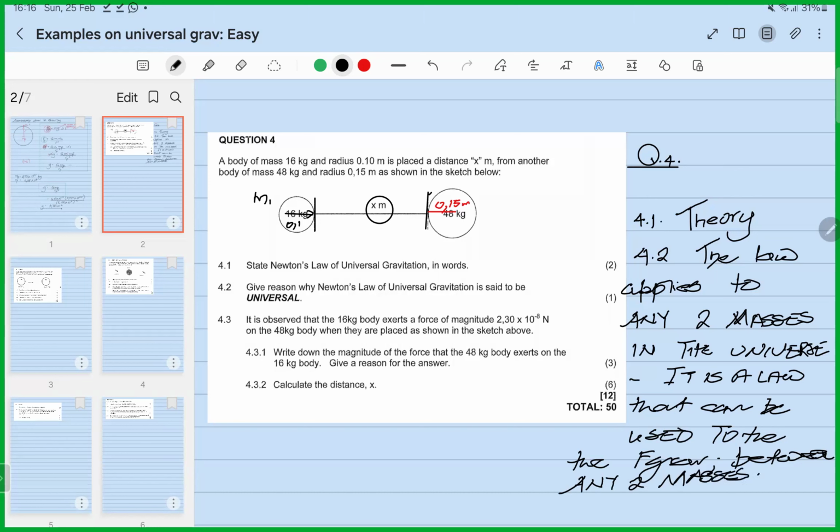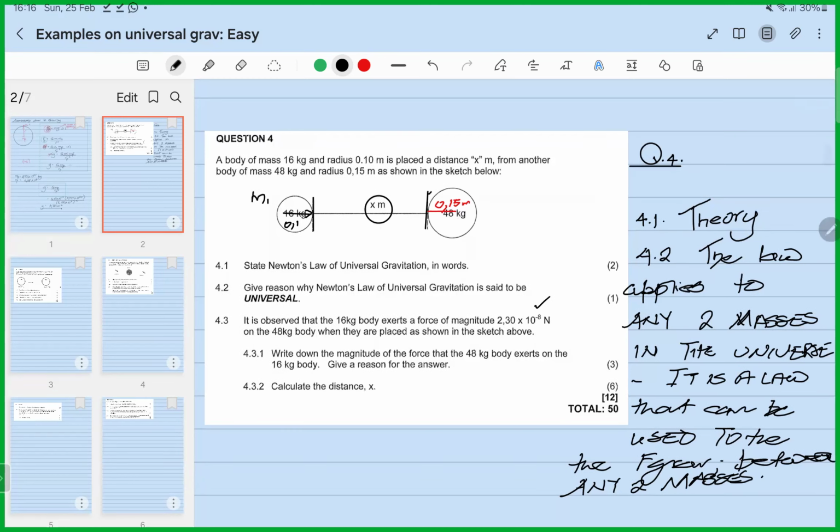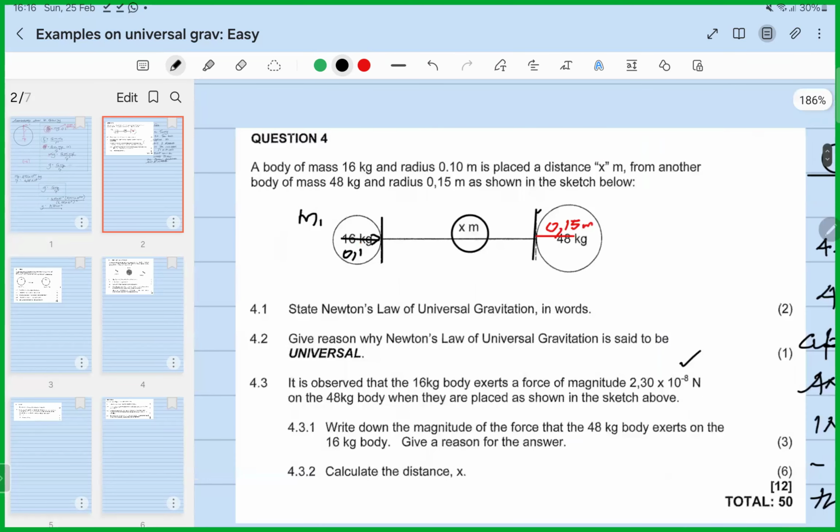It is observed that the 16 kilogram body exerts a force of 2.3 times 10 to the minus 8 on the 48 kilogram body when they are placed as shown in the sketch. Note it's a very small force. Write down the magnitude of the force that the 48 kilogram exerts on the 16 kilogram and give a reason. I mentioned this the last time.